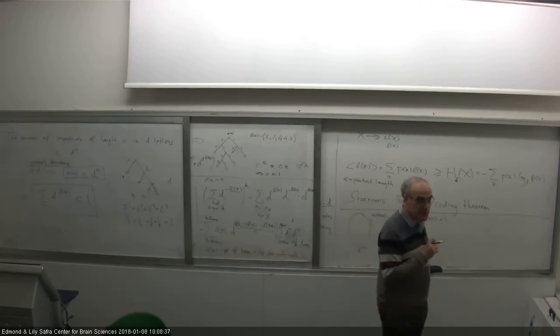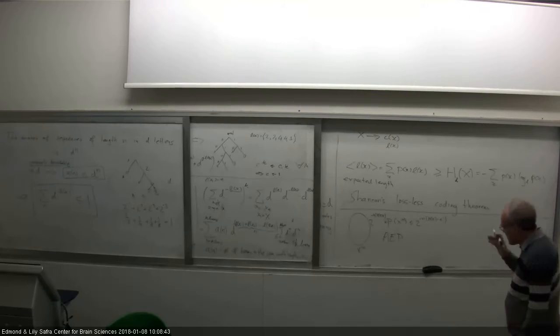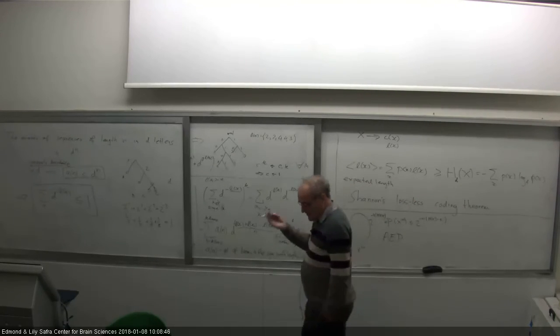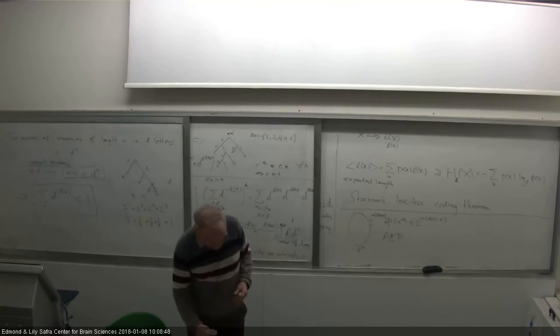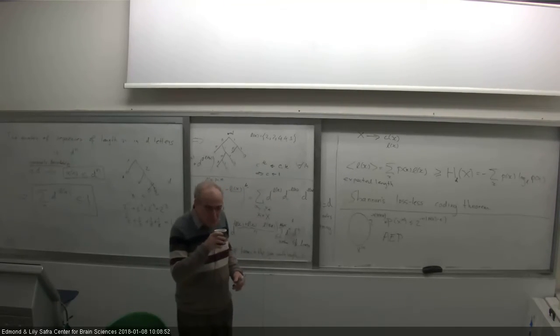So most sequences, with 1 minus epsilon probability, are typical. This is a very casual way of saying something more rigorous, but you can always complete it yourself.